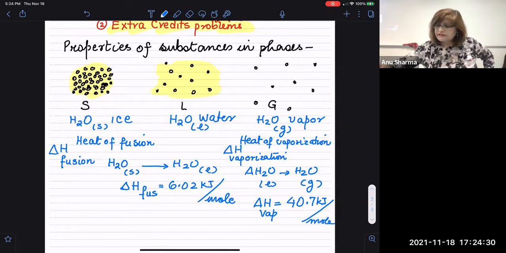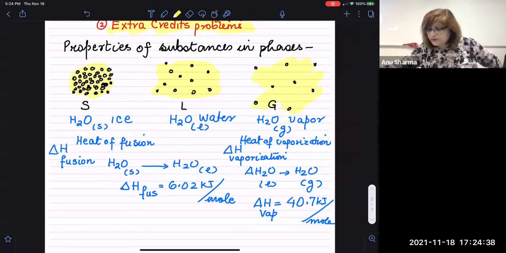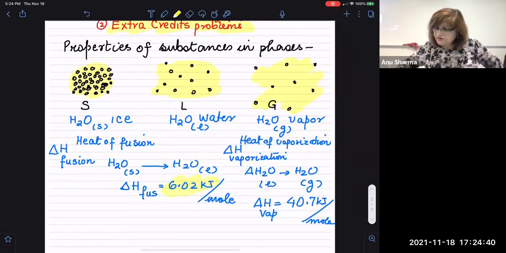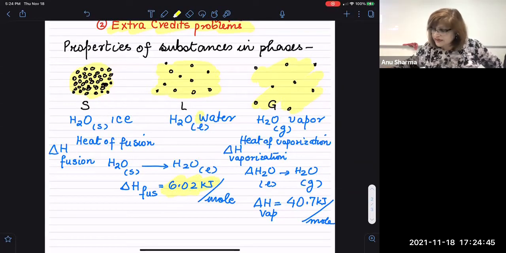So the water is still the same, but the amount of heat needed to dismantle the solid into a liquid is much less than the amount needed to turn the liquid into a gaseous state, roughly 7 times more.